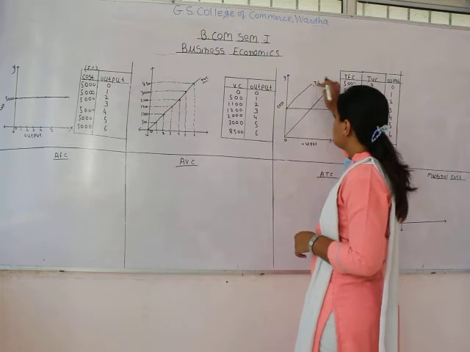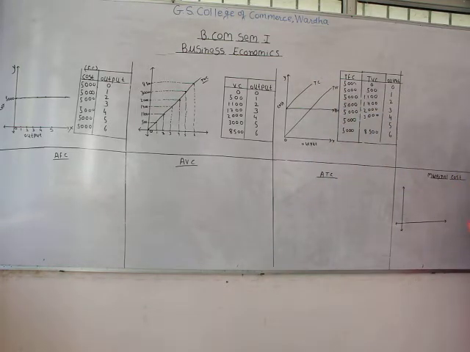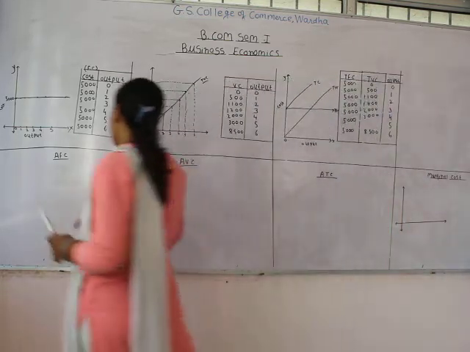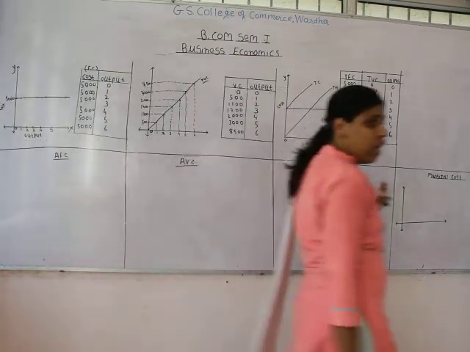This way you can see the behavior of the total cost curve in the short run. So here we are done with the behavior of total fixed cost, total variable cost and total cost in the short run.